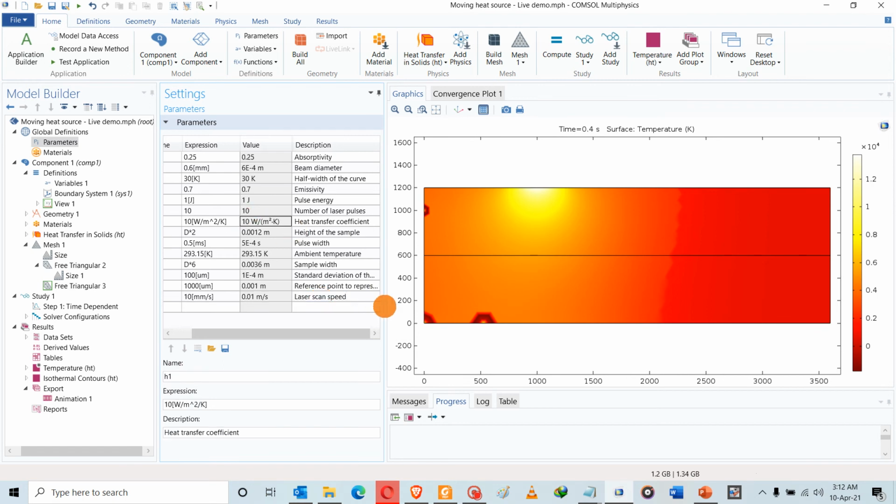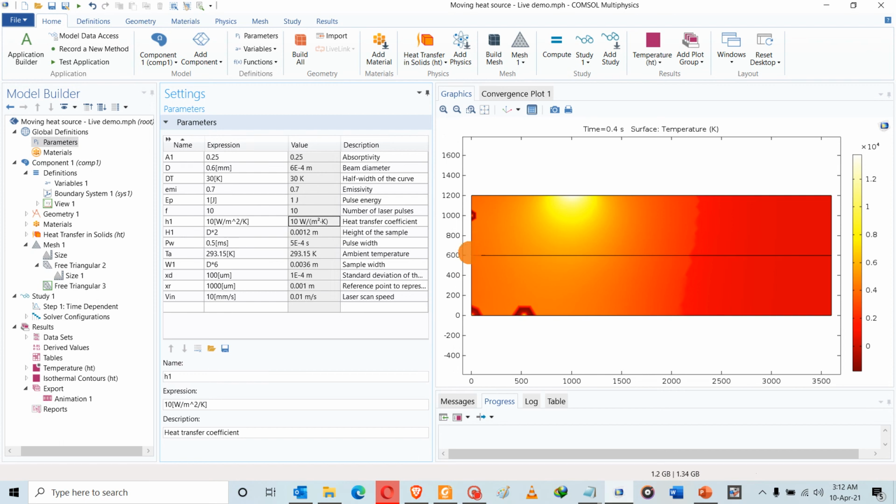This is how fast the laser beam will be moving from here to there. What I want to find out is how long it will take for the laser beam to move there, so that I can calculate a computational time.